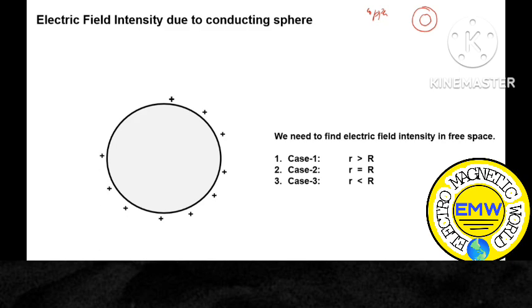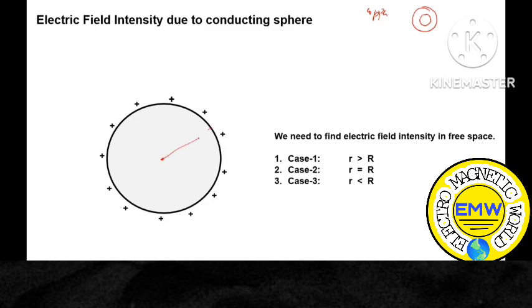When the charges are placed over the sphere, there will be three cases. If I take the center of this sphere and draw a line from the center to this point, this will be our radius r.